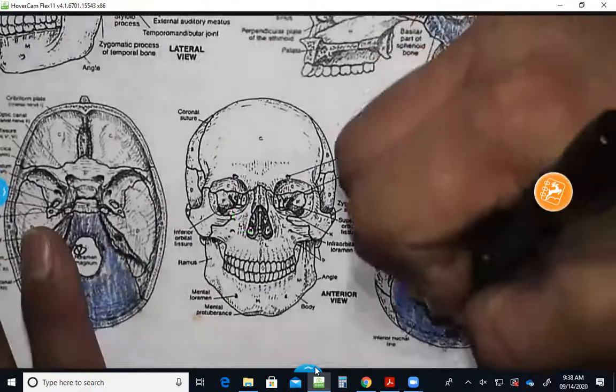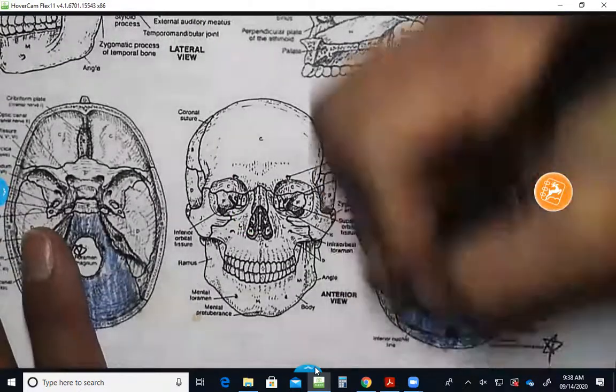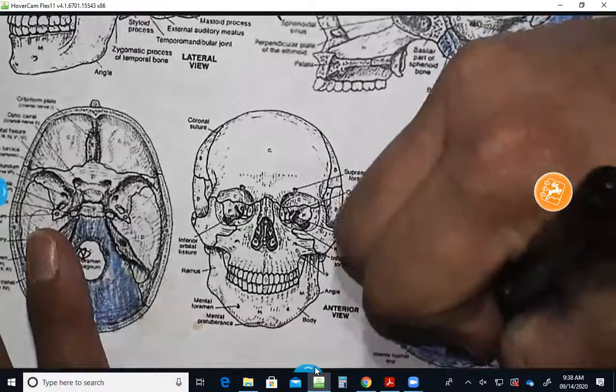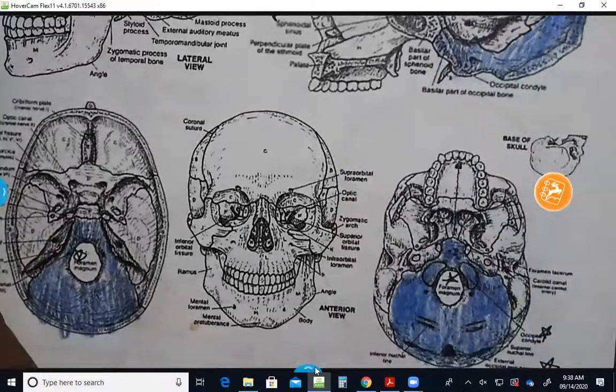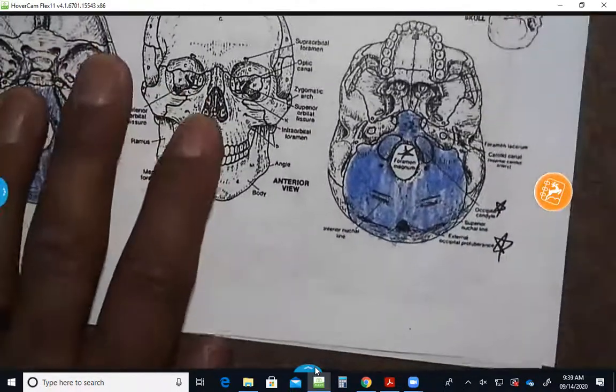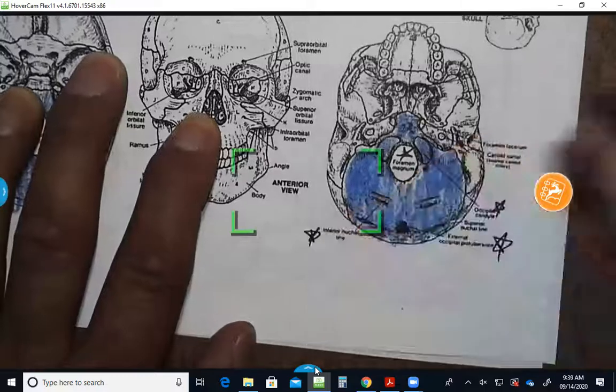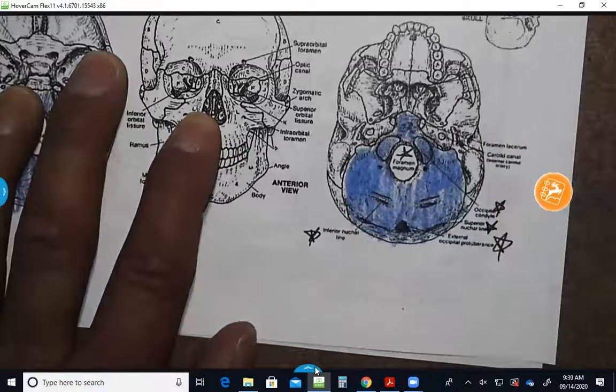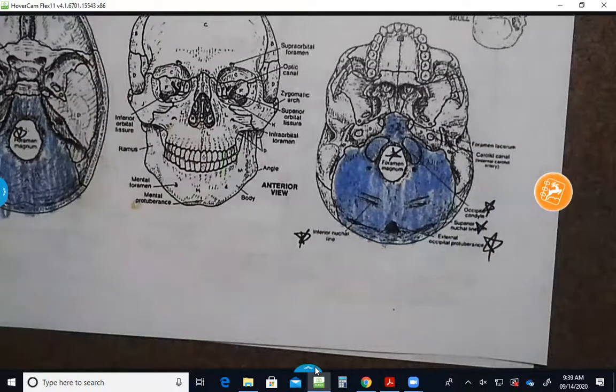Okay, back down to our bottom image here. I'm going to darken in some lines. Inferior and superior nuchal lines provide muscle attachment.